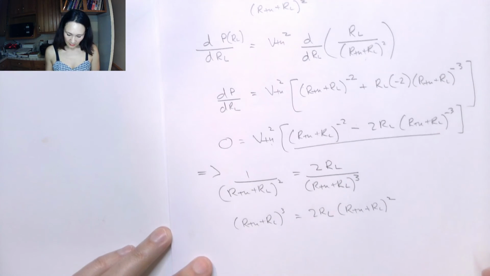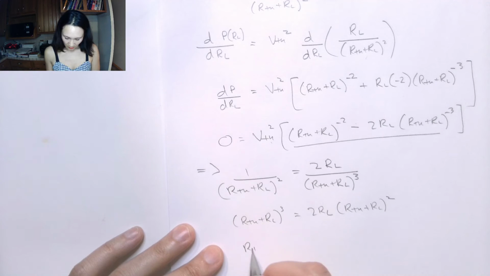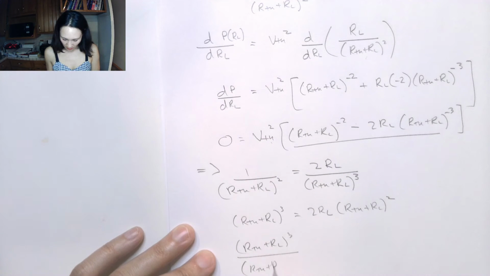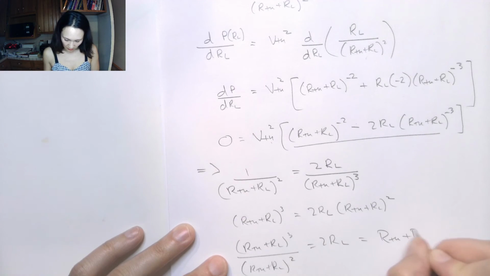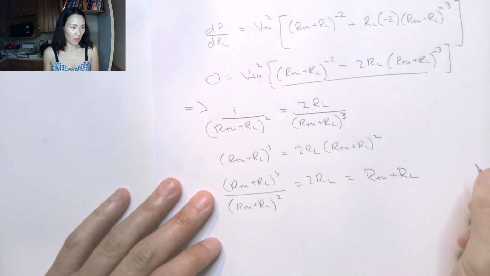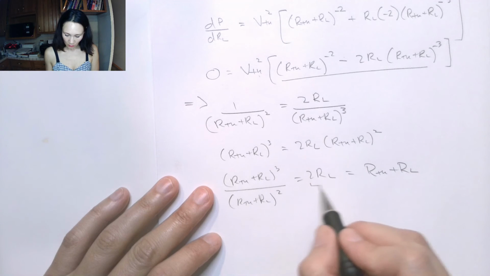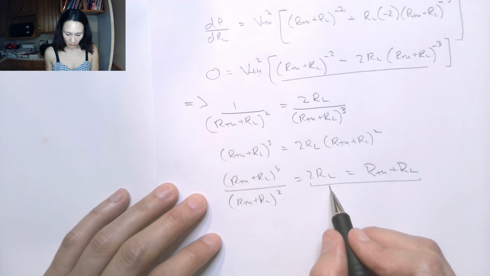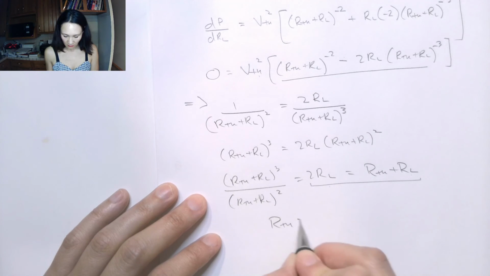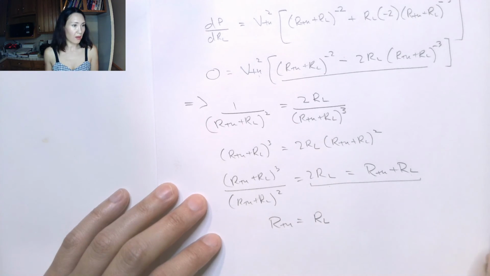Okay, great. So this tells me that R Thevenin plus RL cubed divided by R Thevenin plus RL squared is equal to 2RL. So in other words, if these things cancel, this is just going to be equal to R Thevenin plus RL. Okay, great. So my equation is now this part. That means that if I subtract an RL over here, I get that R Thevenin is equal to RL.